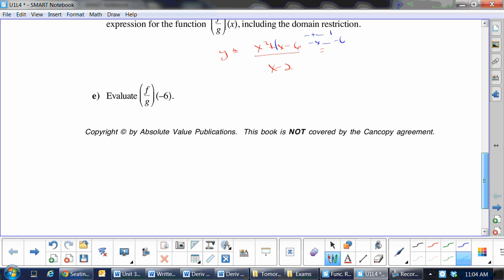Those two numbers would be 3 and negative 2. So this would turn into x plus 3, x minus 2, over x minus 2. And what happens conveniently is the x minus 2's cancel, and you are left with x plus 3.